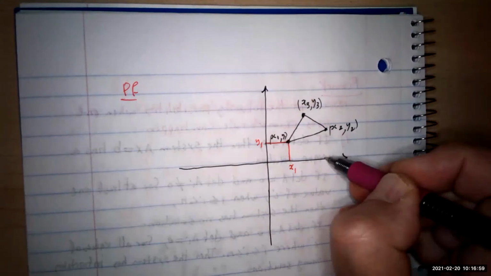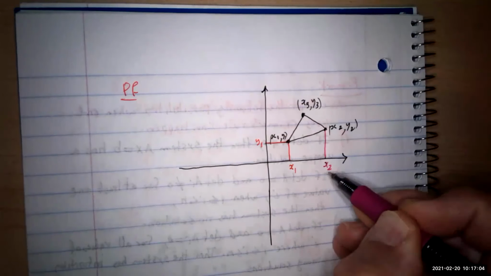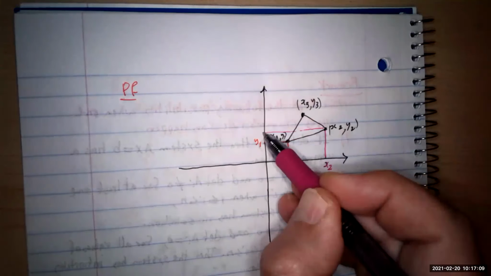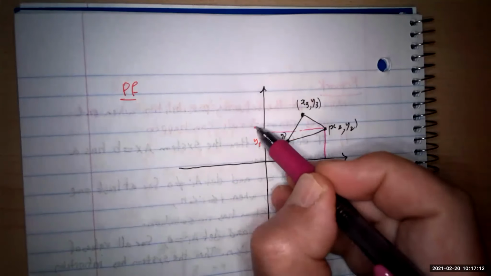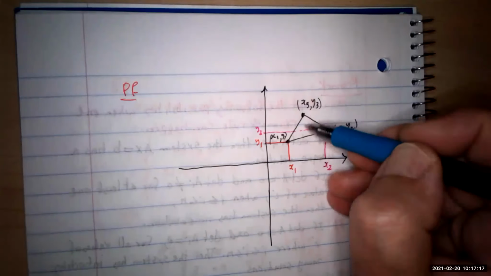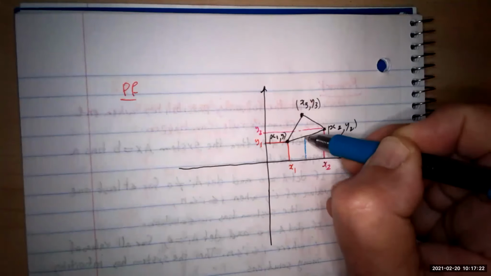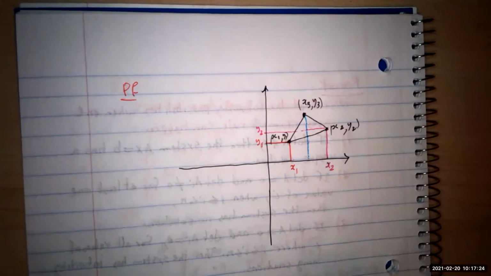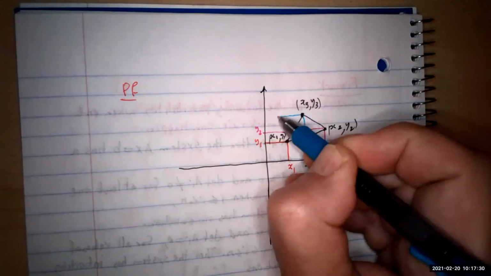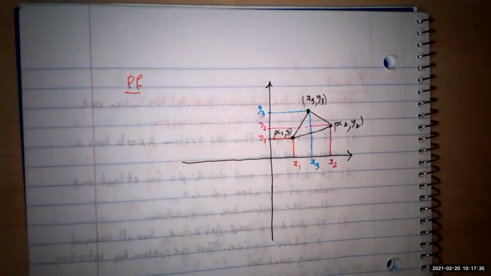For this one over here, this is going to be x2 and this is going to be y2. And this last one, the top, is going to be x3 and this is going to be y3. Okay, this is the situation we're going to have.